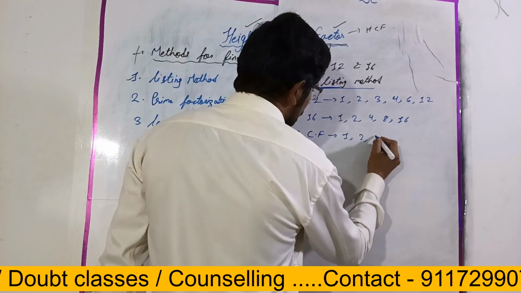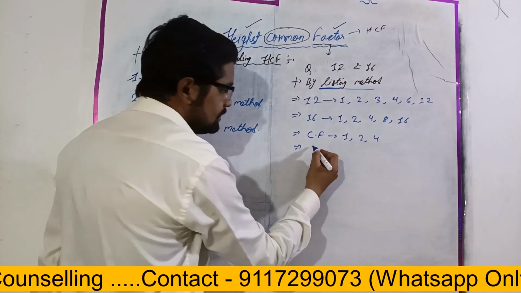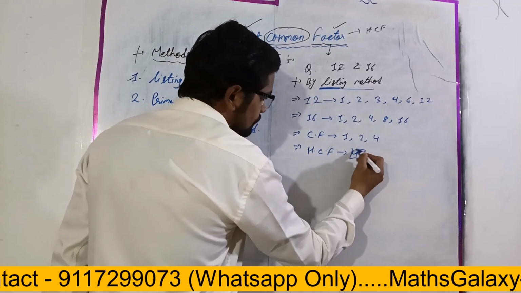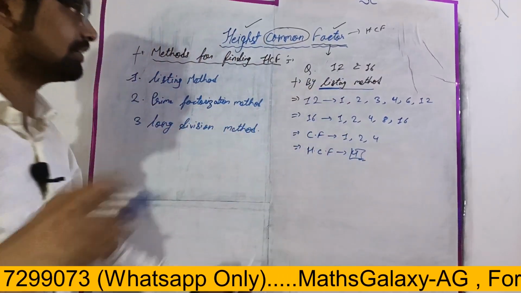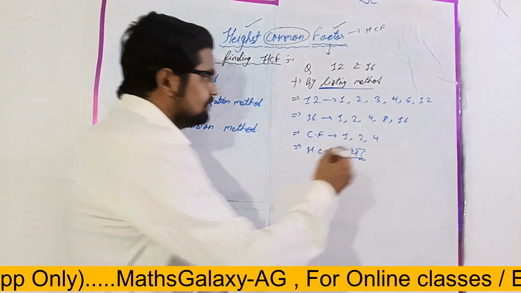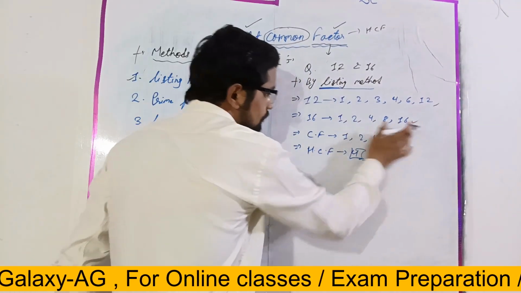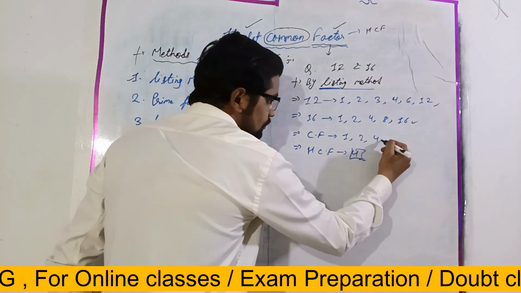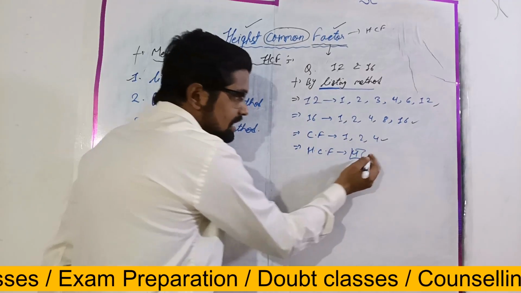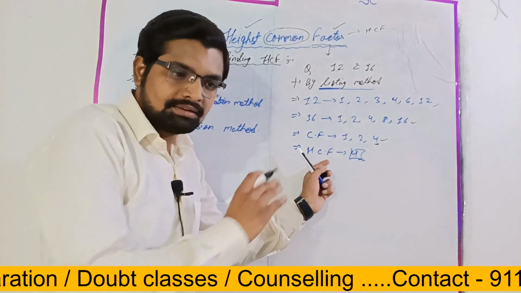Now in this list, see the highest number. The highest number is 4. So 4 will be the highest common factor for 12 and 16. As you can see, we are making a list of factors for 12, a list of factors for 16, a list of common factors, and among those we choose the highest one. So in this way you can remember it.